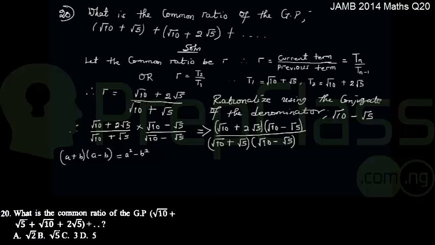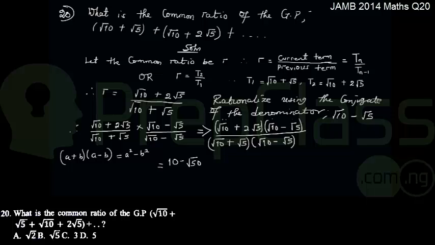Now let's multiply. Root 10 times root 10 gives me 10. Root 10 times minus root 5 gives me minus root 50.